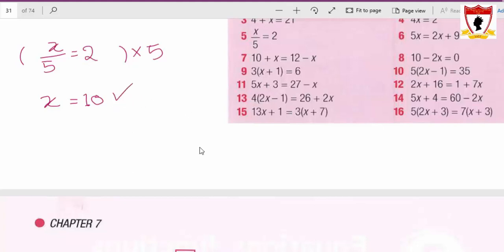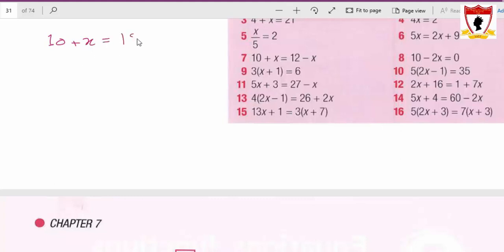Question 7, we have 10 plus x is equal to 12 minus x. Okay, to solve this, we need to have x alone on a side. Here we have x's on both sides, so we have to remove one of them. If we say plus x here, we can remove this x here.